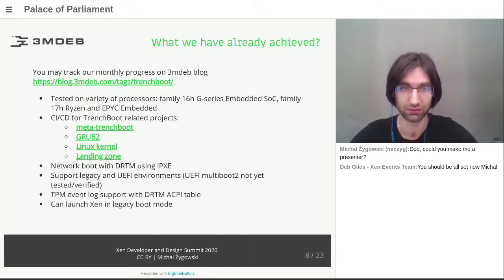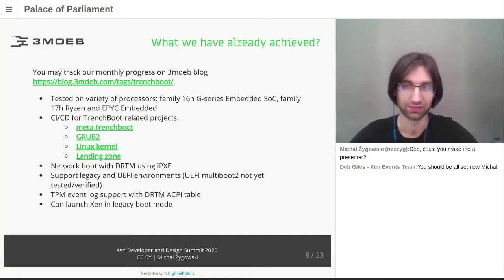Since 2018, when there was briefly an idea of TrenchBoot, we have managed to achieve quite many things. If you want to track our progress on the AMD development of TrenchBoot, you may visit our blog and the tag TrenchBoot.